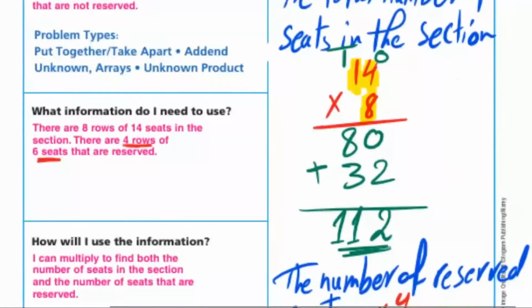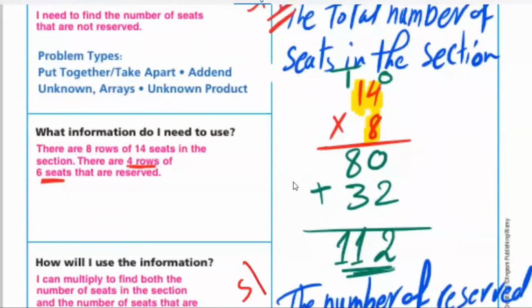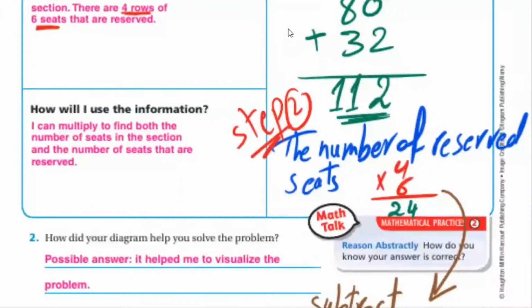Okay, so let's subtract. So we have here, let's say step 1, the total number of seats in the section. Step 2, the number of reserved seats.